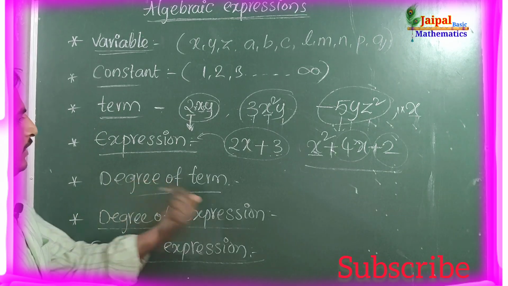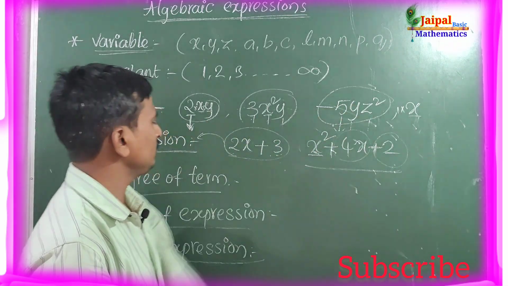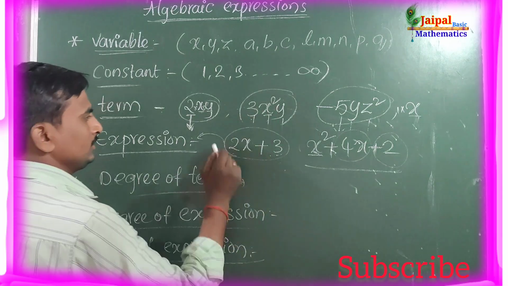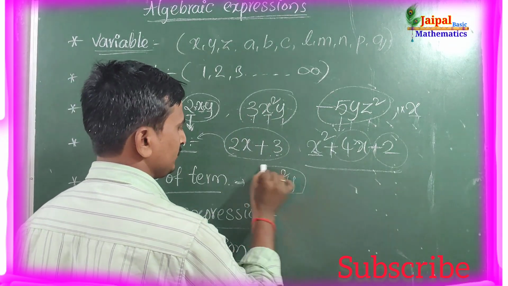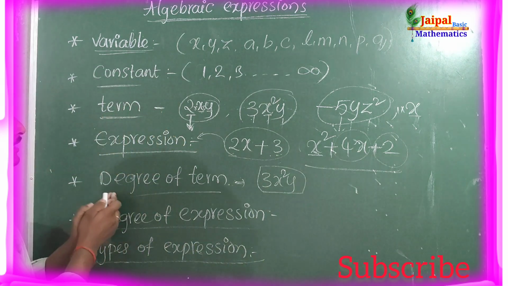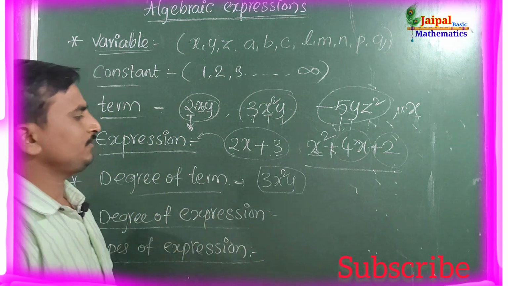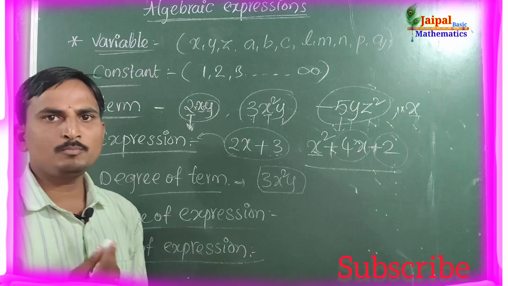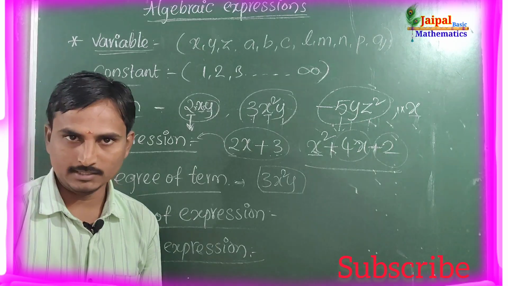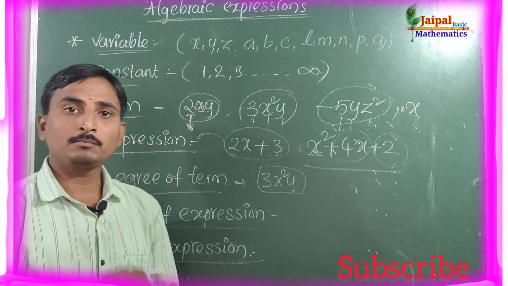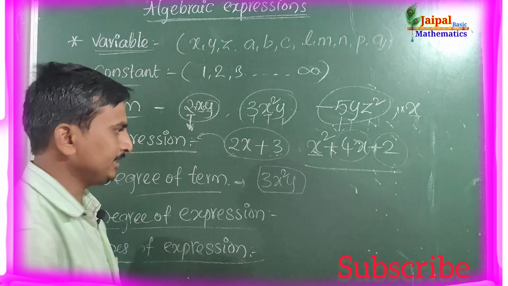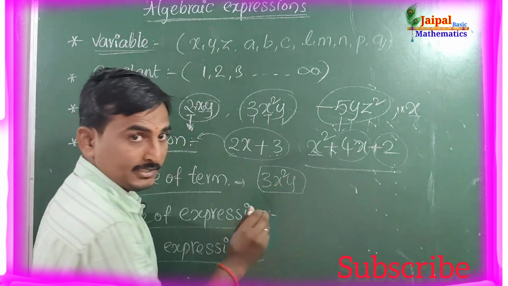Now degree of a term. Let's take one term, 3x square y. We are asking for the degree of this term. The degree of a term is the sum of all powers of the variables in the term, that is, the sum of all exponents in the term.